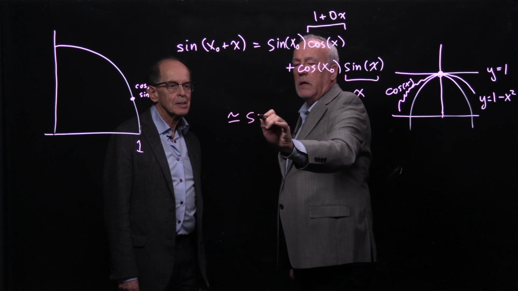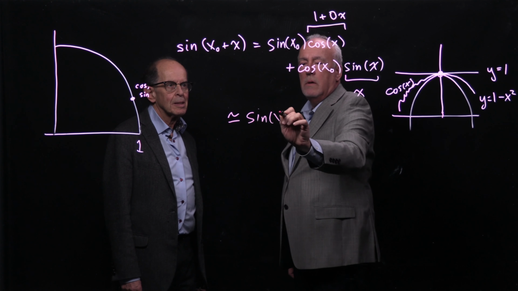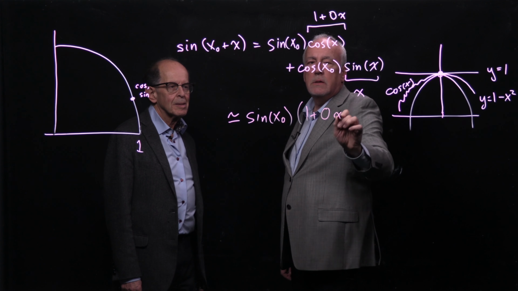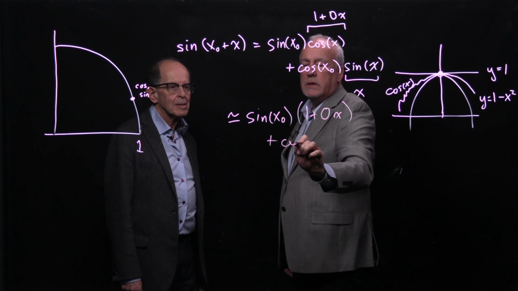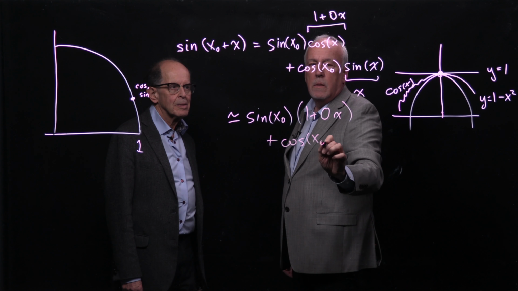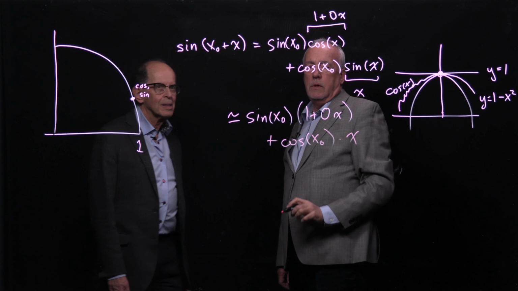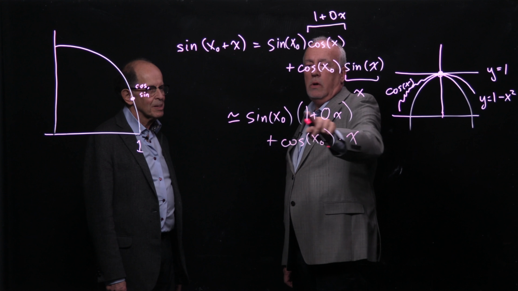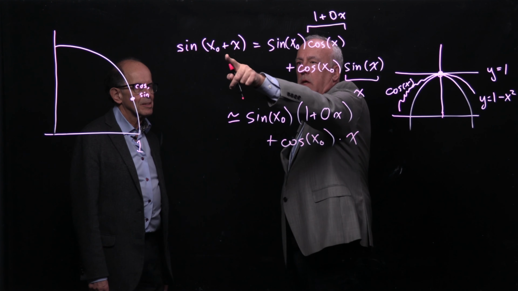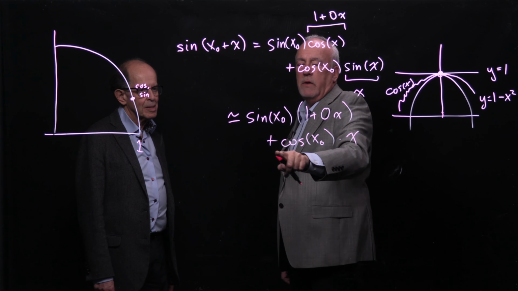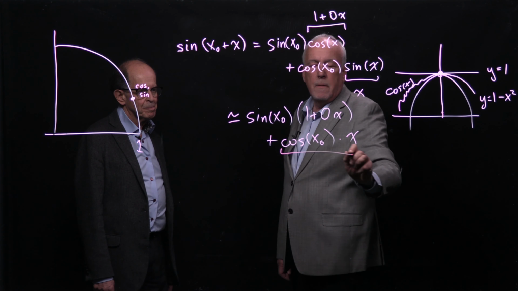So if I write this out, I get sine of x0 times 1 plus 0x, plus cosine of x0 times x. Okay. So the zeros I can ignore. So I get sine of x0 plus x minus sine of x0, which is just this little part.